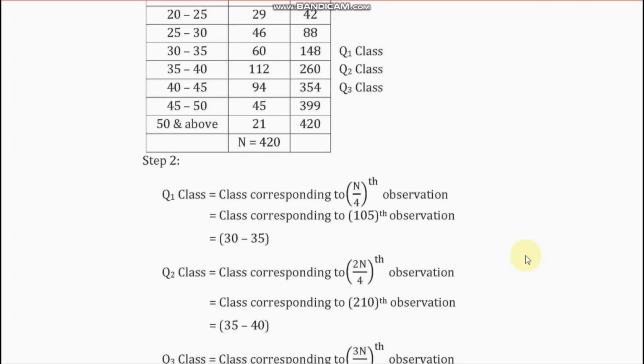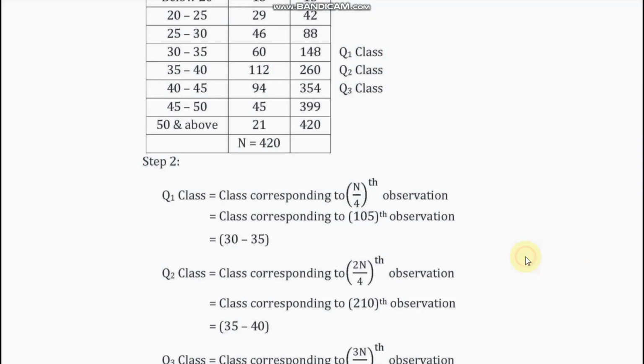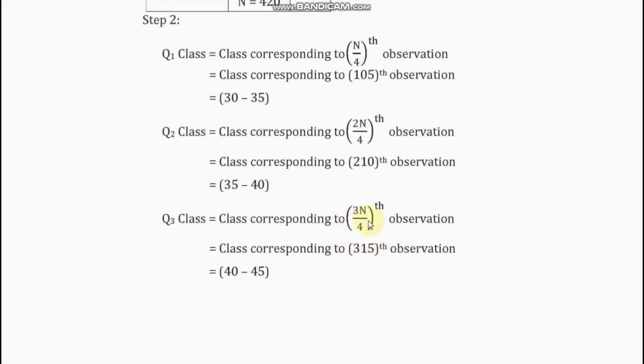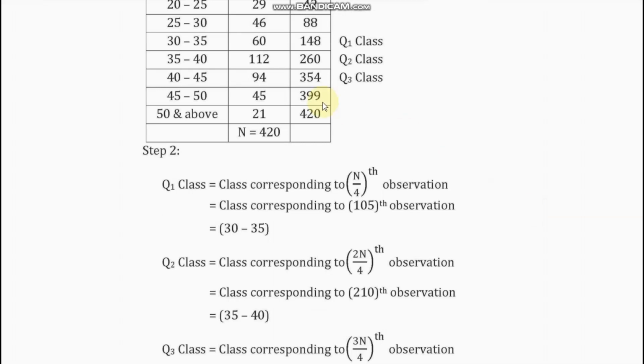Next, the Q3 class: 3 into n by 4, that is 1260 divided by 4, the 315th observation. 354 is just greater than 315, and its corresponding class interval is 40 to 45.